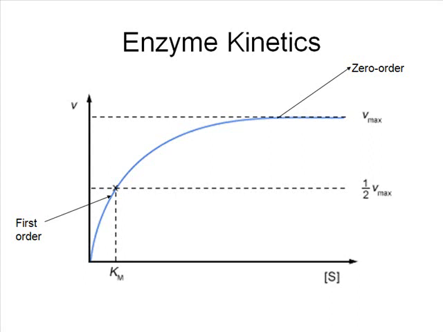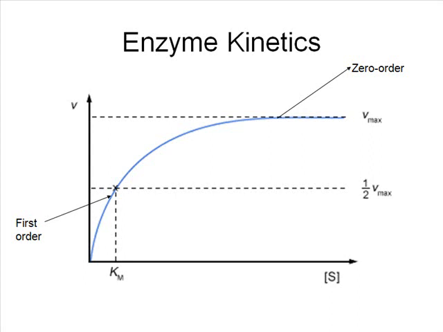The enzyme and the substrate bind. Remember, they're coming to an equilibrium. When you get up here to zero order kinetics, then you start measuring the rate of this reaction. And remember, the rate is the amount of product being formed from that enzyme.